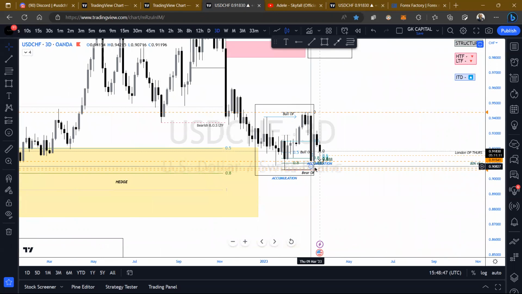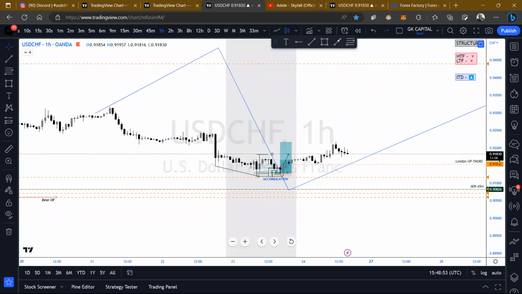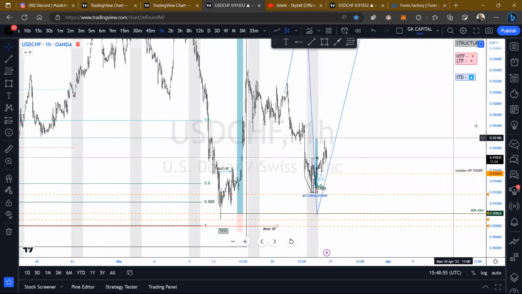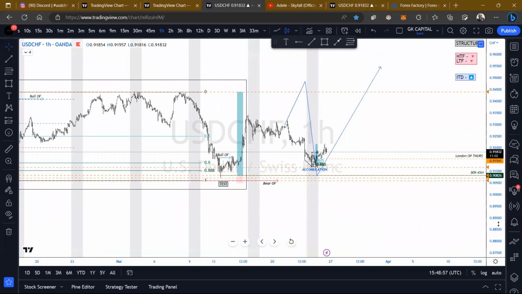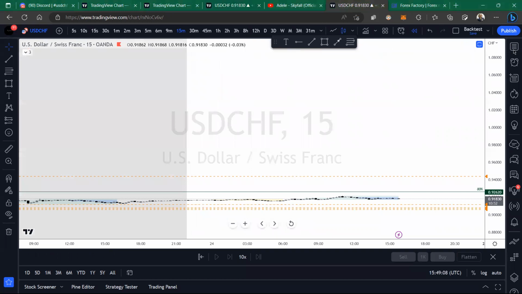We saw them coming in here, we saw them coming in here, and then we saw them coming in here. So we'll see. I'm being very patient with it in terms of it needs to do something before we can actually place something. I think that brings me to an end in terms of my back testing though.